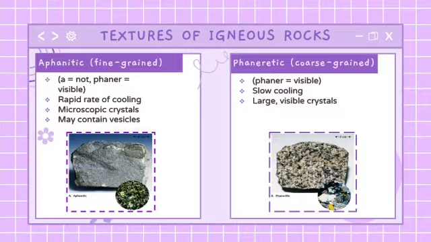These rocks crystallize slowly below the Earth's surface. As magma cools slowly, the minerals have time to grow and form large crystals. The minerals in phaneretic igneous rocks are sufficiently large to see each individual crystal with the naked eye. Examples of phaneretic igneous rocks include gabbro, diorite, and granite.